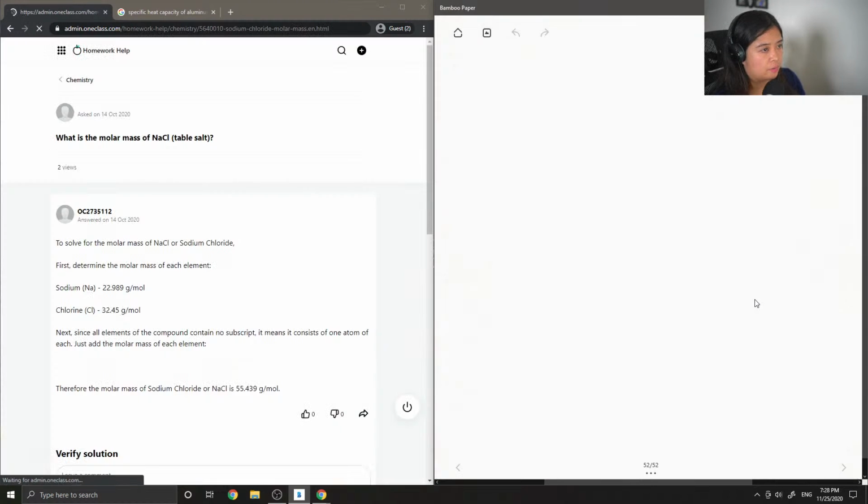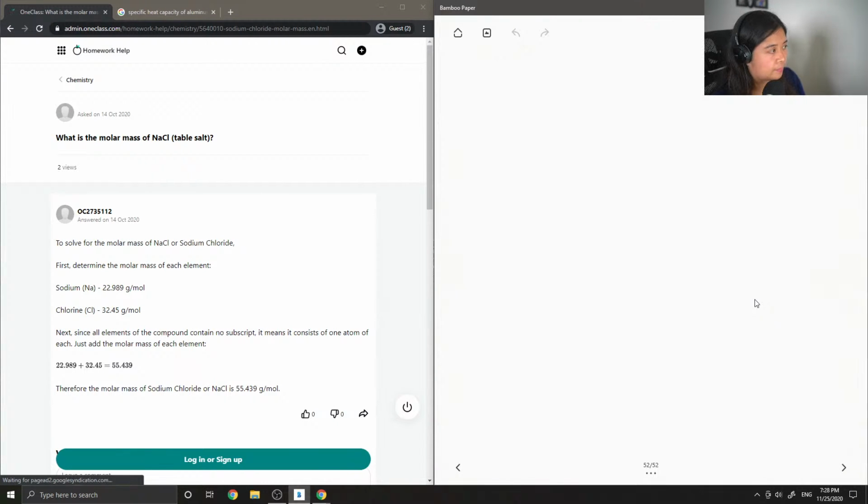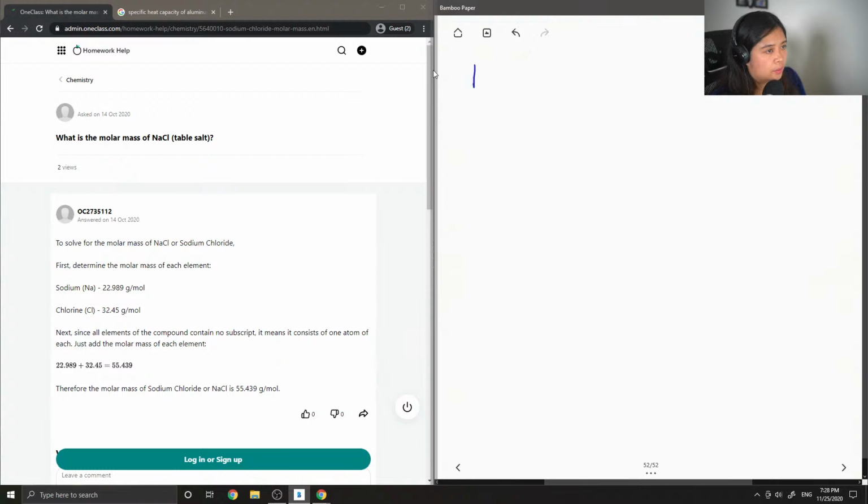Okay, so moving on to question 4. What is the molar mass of sodium chloride, which is also known as table salt? Okay, so to answer this question, we would need the molar masses of both sodium and chloride. And since there is 1 atom of each, we don't need to multiply these values by any whole numbers.